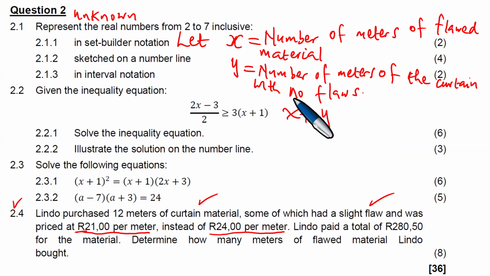The number of meters of curtain with no flaws is Y. If you add the bad and the good curtain, everything is 12 meters, because the curtain is divided into parts that are good, with no flaws, and parts that have flaws. So you break it into two parts and say X is for the part that has flaws and Y is for the part that has no flaws. The total is 12.